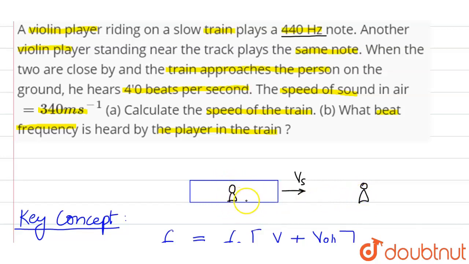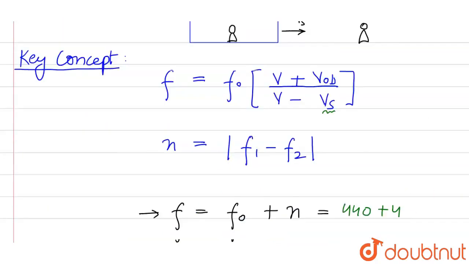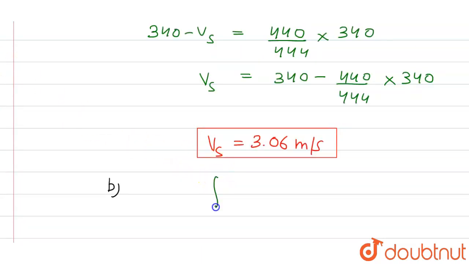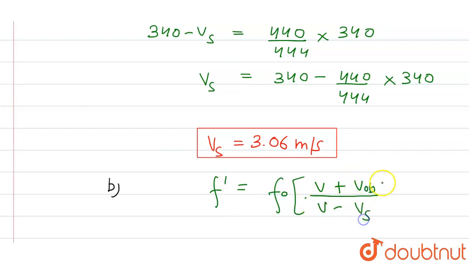To find the beat frequency, we first need the apparent frequency of the player on the track as observed by the player on the train. Let's call this F dash. F dash will be F naught times V plus V observer divided by V minus V source.